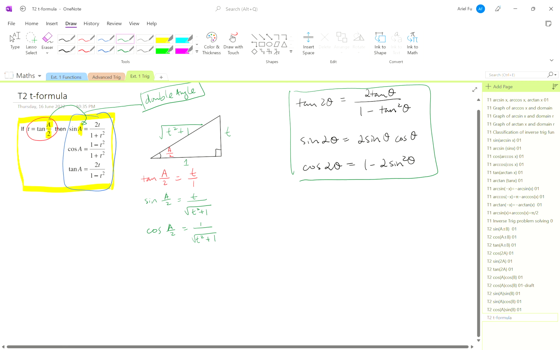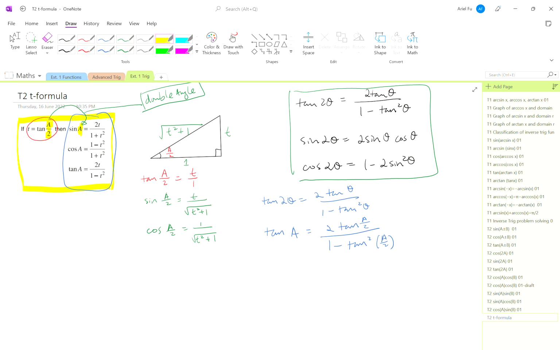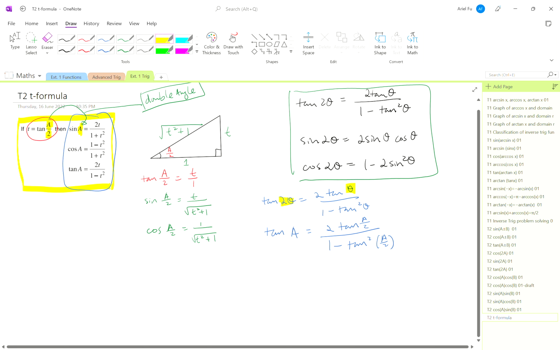I've rewritten the double angle formula over here. Tangent 2 theta equals 2 tangent theta over 1 minus tangent squared theta. That means tangent of A is equal to 2 times tangent of A on 2 over 1 minus tangent squared of A on 2, because A is double A on 2.